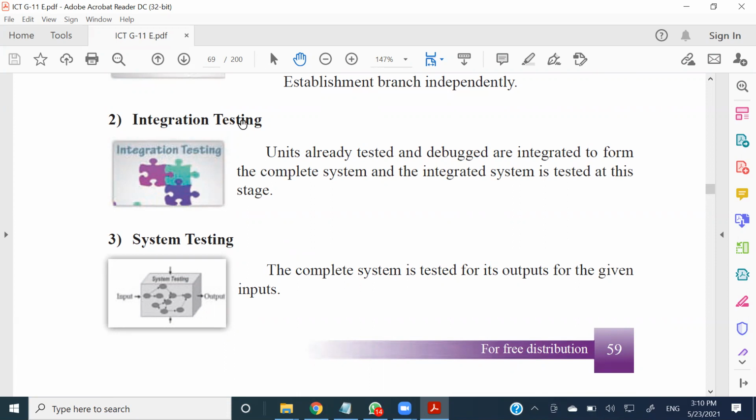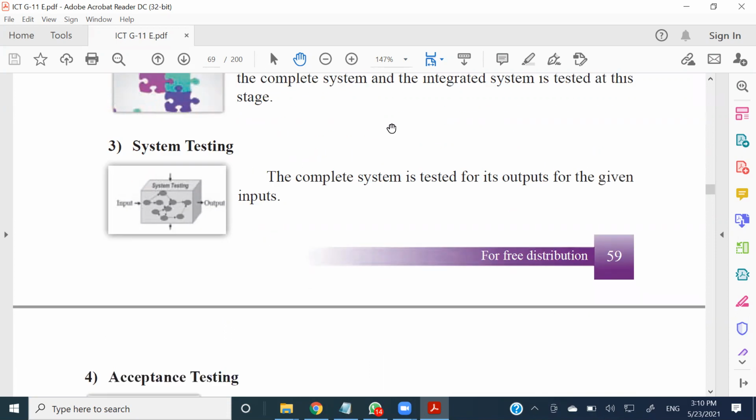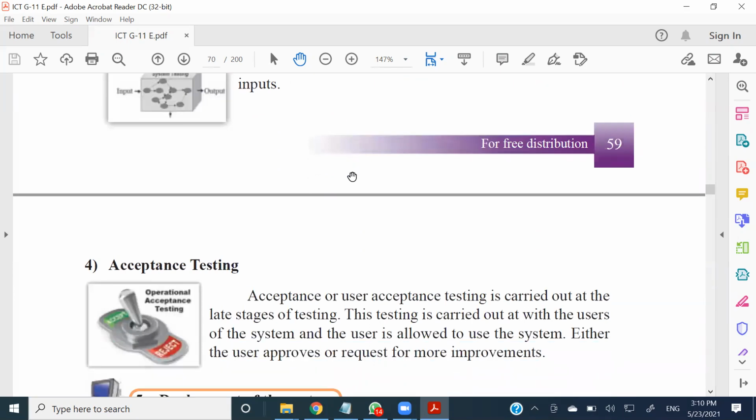Once it is successfully tested, the system will be given to the client to see whether he is getting a solution as per his requirement. That is what we call acceptance testing. In acceptance testing, the client can see and experience and have an idea whether he is given the correct solution for his problem or requirement, right?